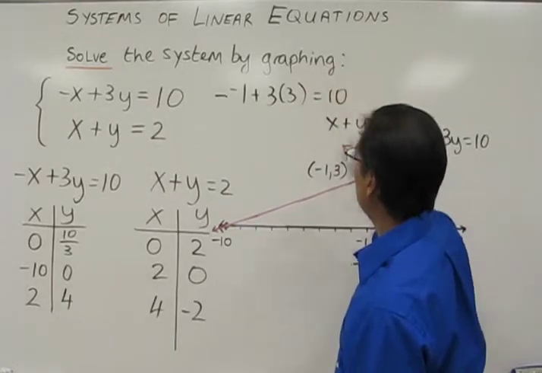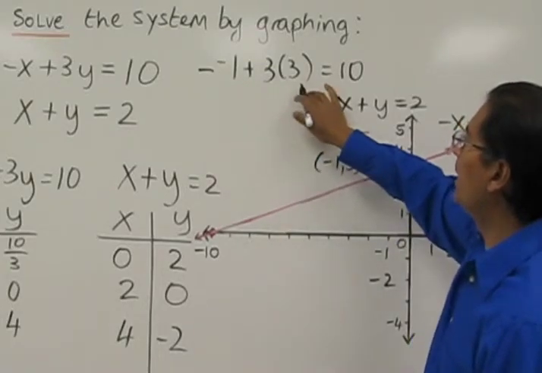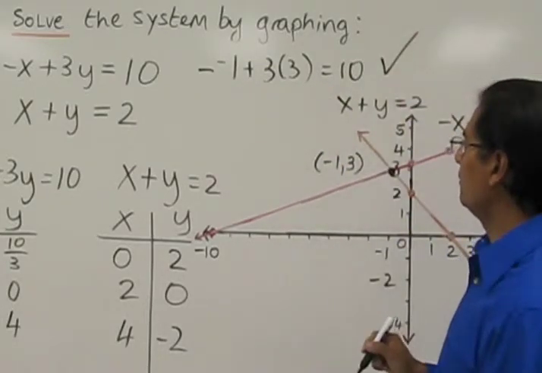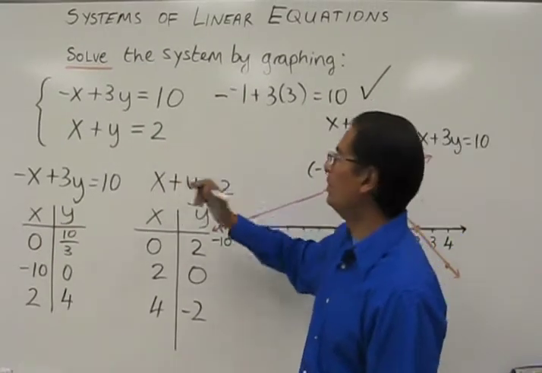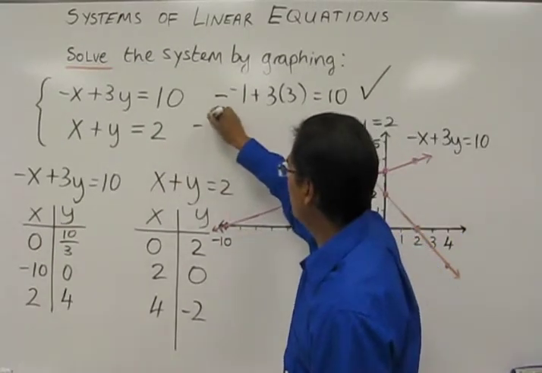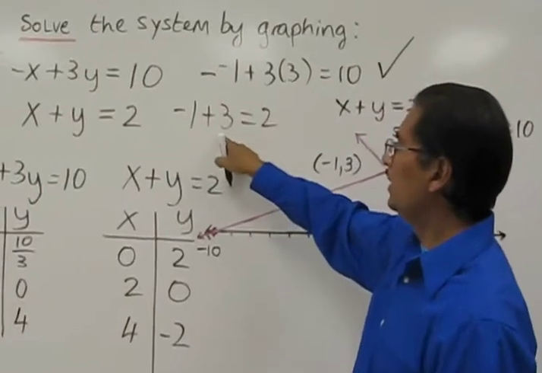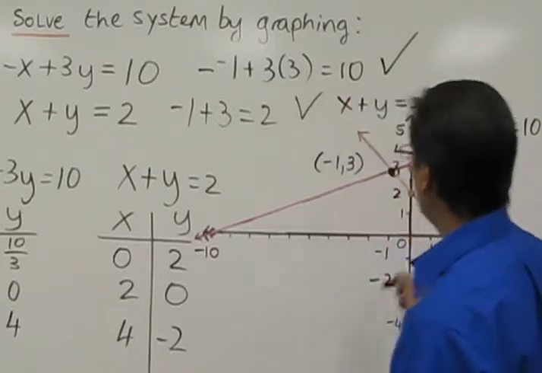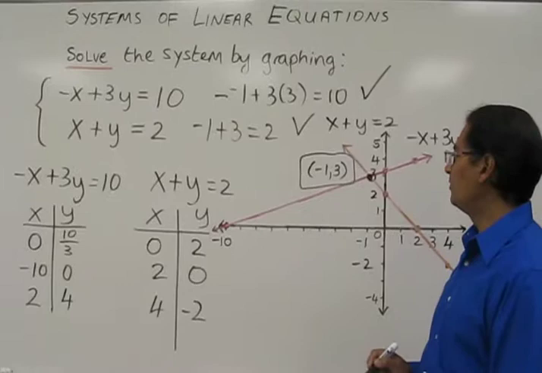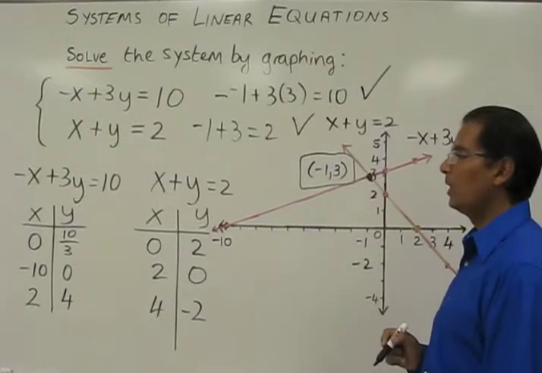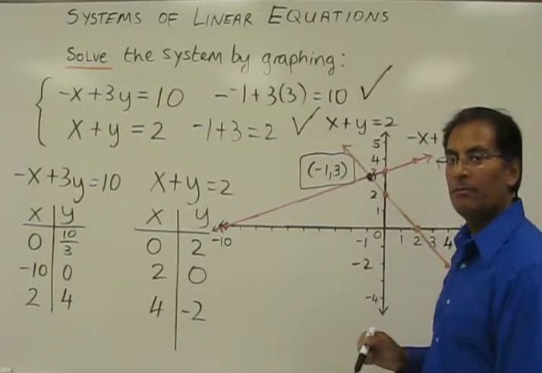Is that equal to 10? If we calculate it, we get 1 plus 9 is 10. So yes, that works. And we'll also plug this point into x plus y equals 2. So we'll have negative 1 plus 3. Is that equal to 2? Yes, that is equal to 2. Therefore, this point where the two lines intersect is my solution to the system of equations. We just checked it and verified that.